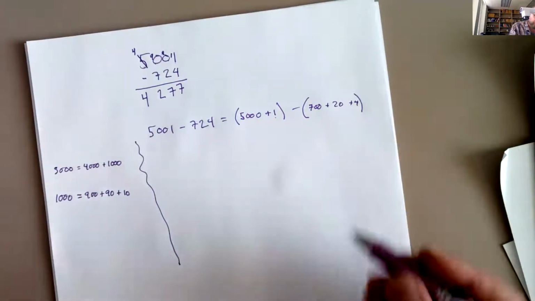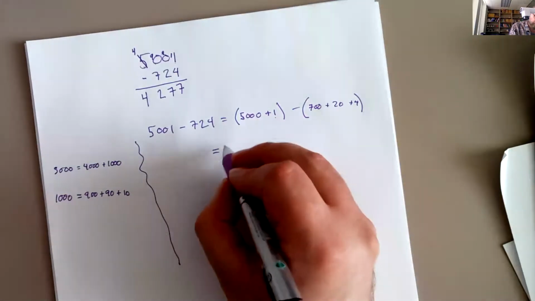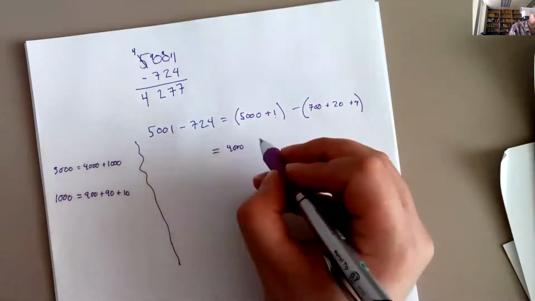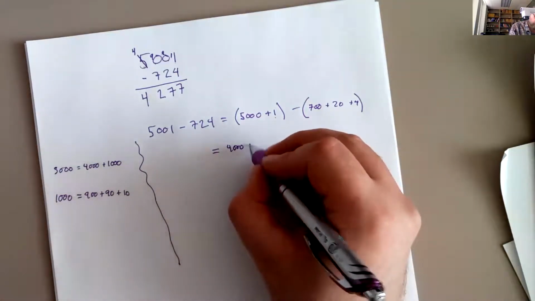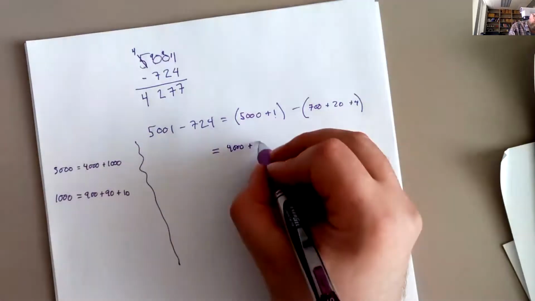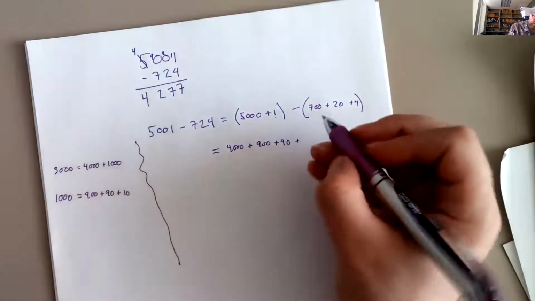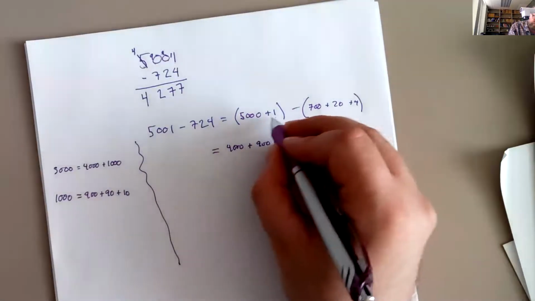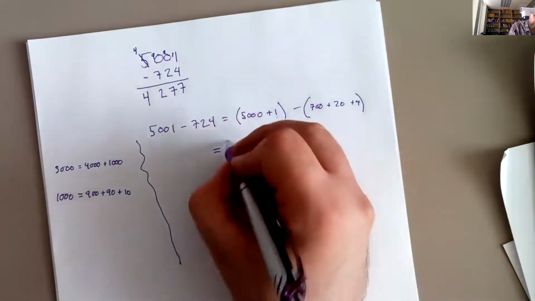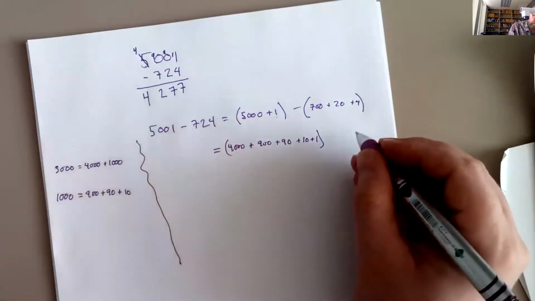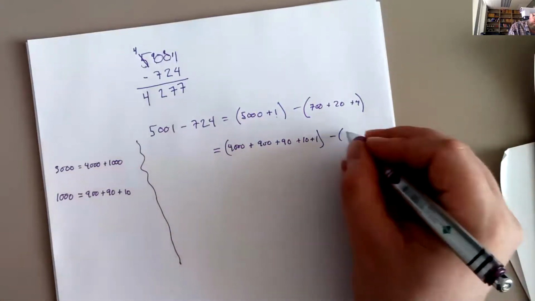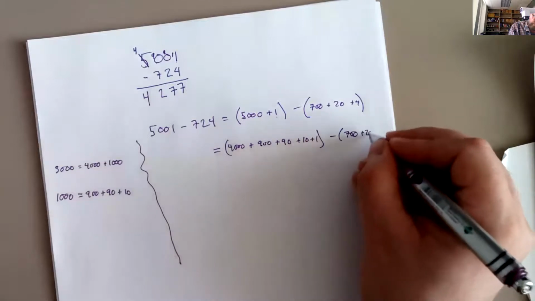Okay, so we're going to rewrite this as 4,000 plus, now the 1,000 is 900 plus 90 plus 10, and then there's this plus 1 remaining. Minus 700 plus 20 plus 4.